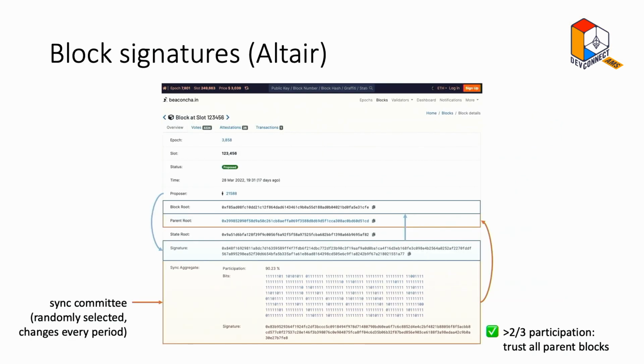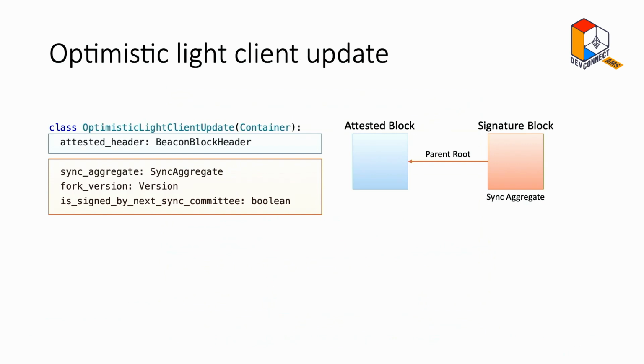At the very basics, we need this signature block, the attested block, and put this in an object. So we have this optimistic light client header update, which contains the signature and some information about whether it's from the current period or the next one, and the previous attested block with this parent root signature that we have seen before.